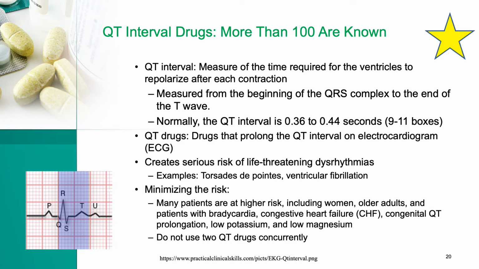Macrolides, which is clarithromycin, antipsychotics like haloperidol, fluconazole, or ondansetron. Torsades is very rare, but possible in some cases.